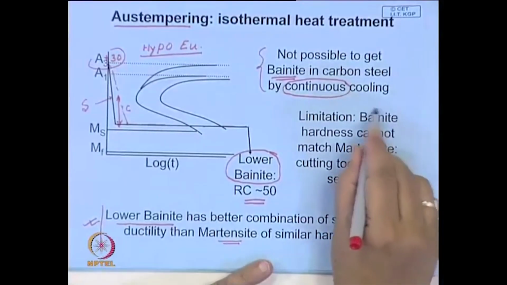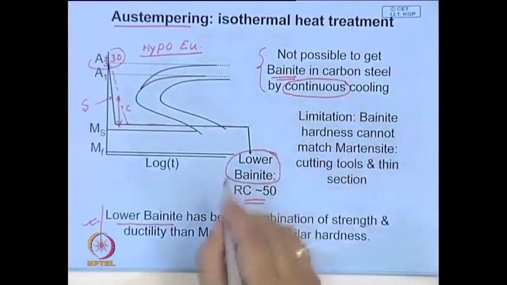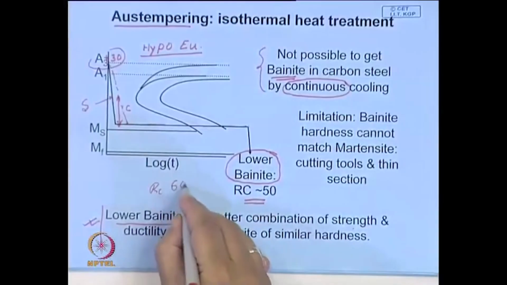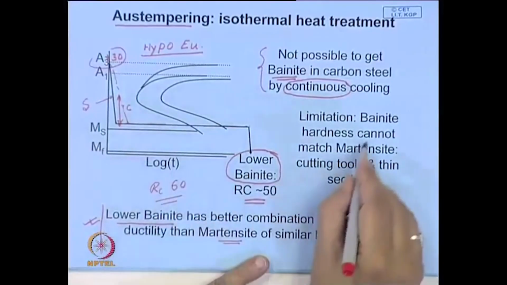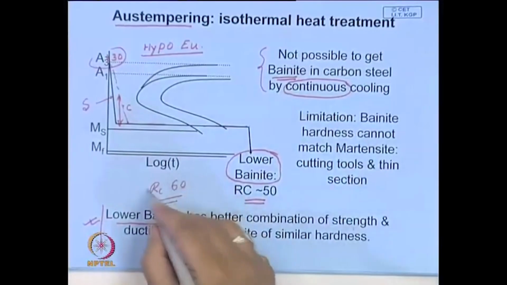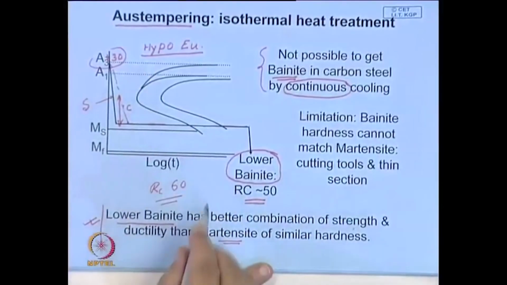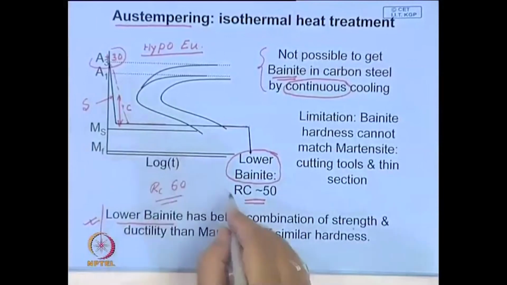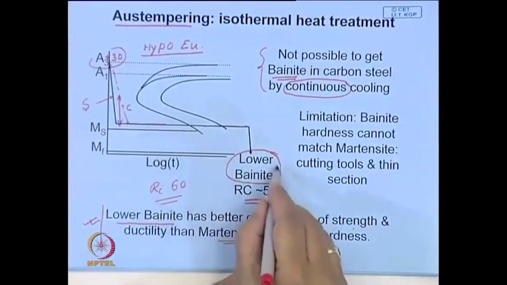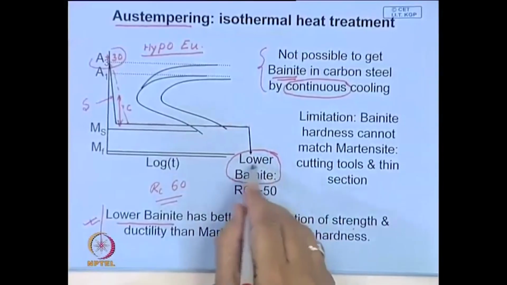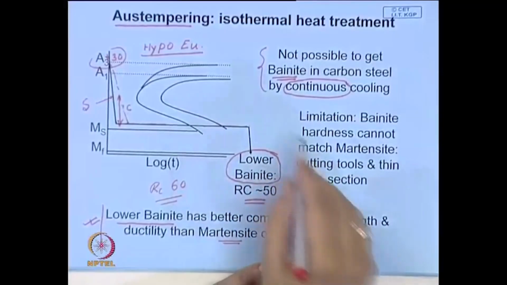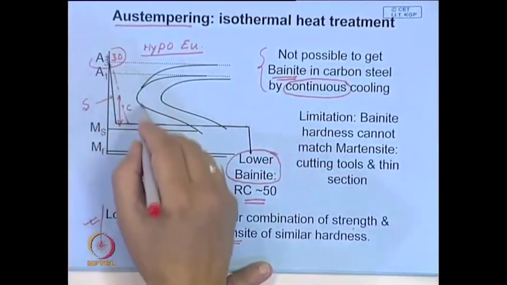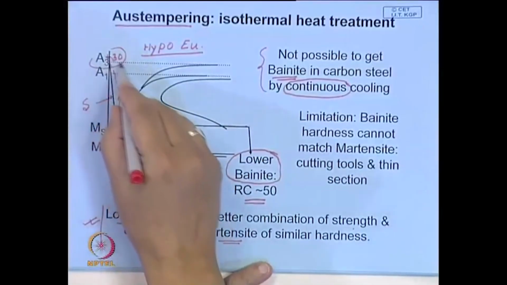One limitation is that in bainite, you cannot get a hardness of the order of, let us say, RC around 60, which is needed for cutting tools. So, the hardness cannot be matched. For that kind of application it may not be suitable. A second limitation is that you may not be able to get this lower bainitic structure completely in the job if the job dimension is large, because the core may not cool.